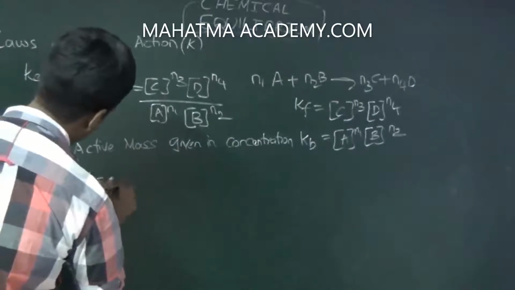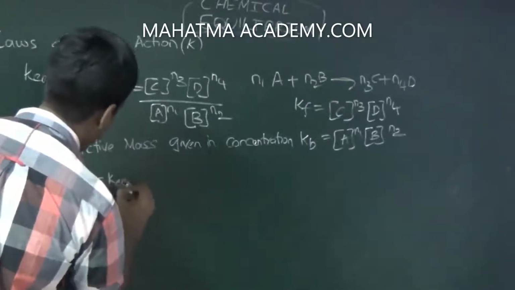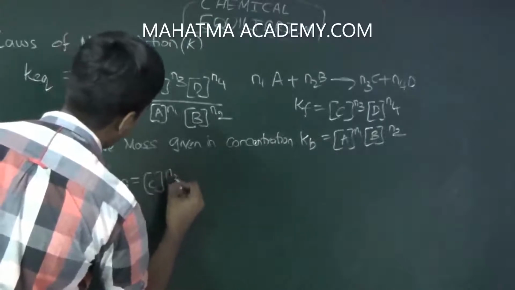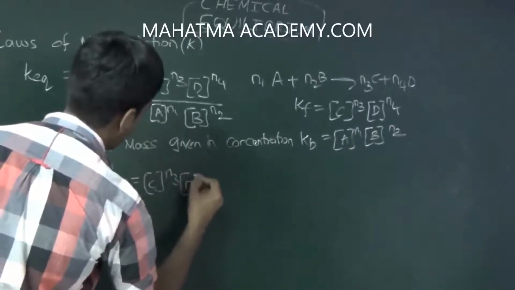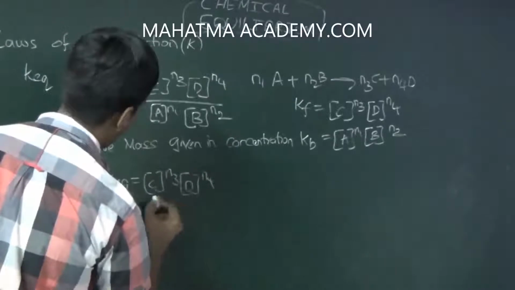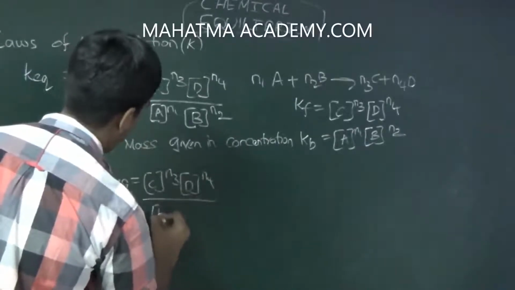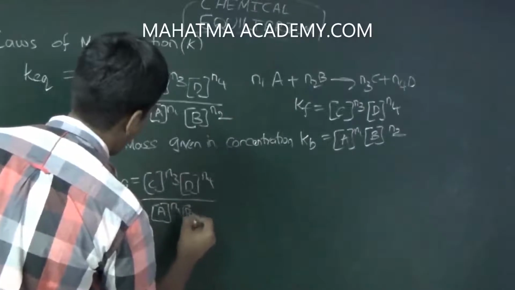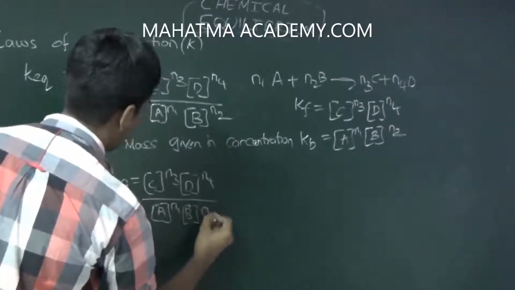Kc is equal to K equilibrium is equal to C to the power of n3, D to the power of n4, divided by A to the power of n1 and B to the power of n2.